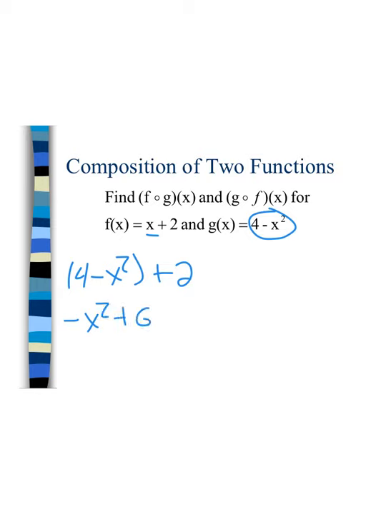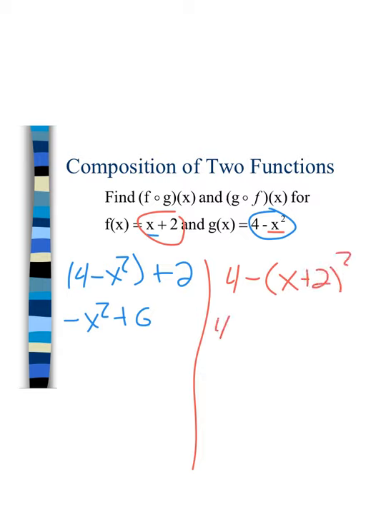All right, now for the second process, you can see that it's now g of f. f is my inside function, so I'm going to be taking all of my f function, and I'm going to be plugging that in everywhere I see an x, which means I have 4 minus, instead of x squared, x plus 2 squared.